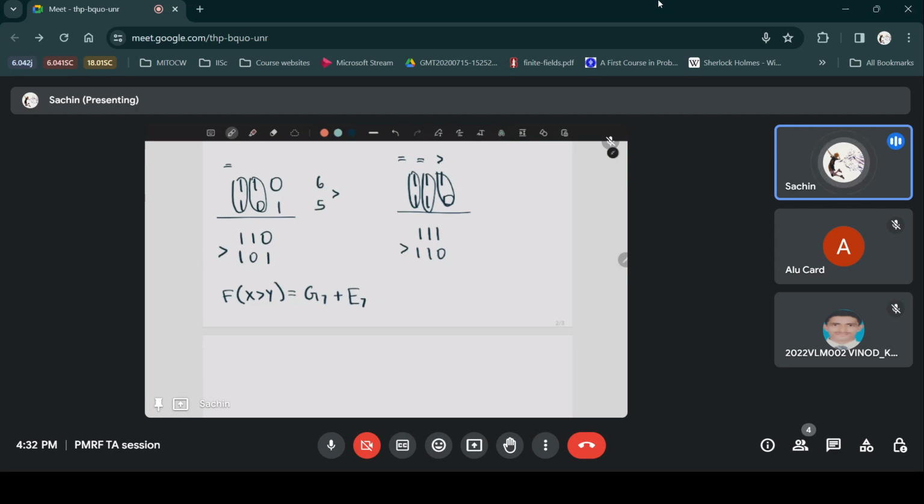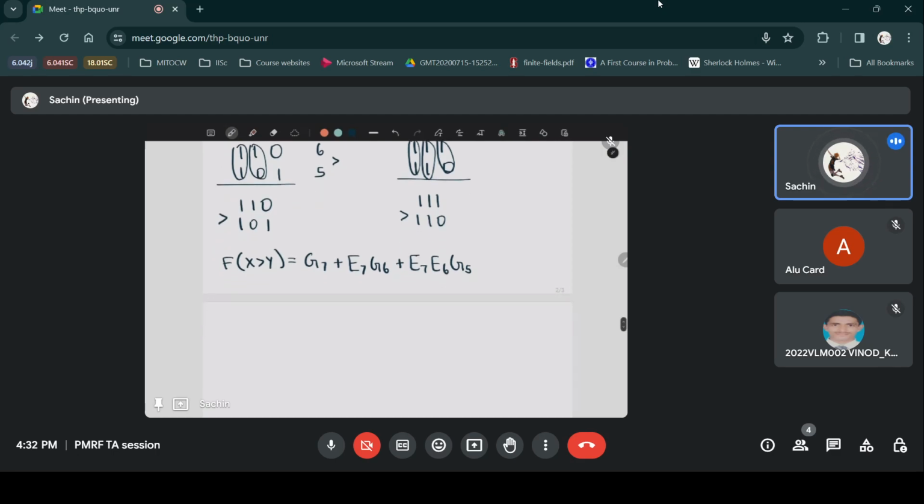Now if x6 is greater than y6, g6 is true. Then also the number x is greater than y. Similarly, if both 7th and 6th bits are equal, but the 5th bit of x is greater than the 5th bit of y, that is g5 is true, then it's again x is greater than y.